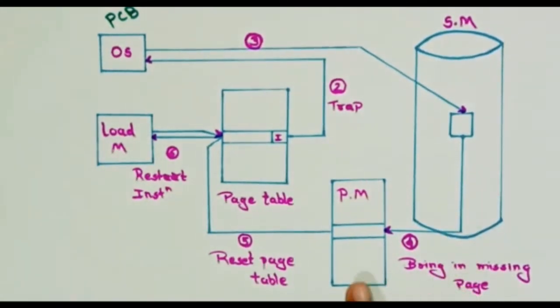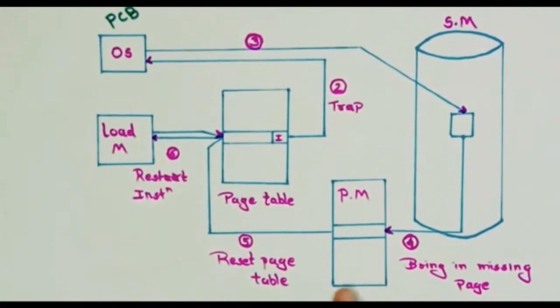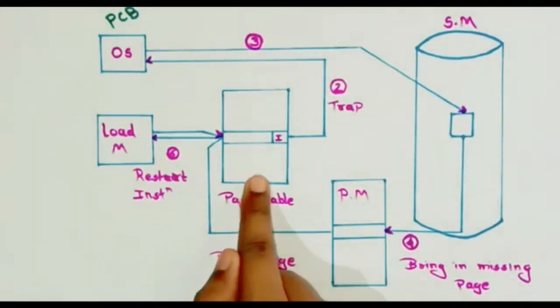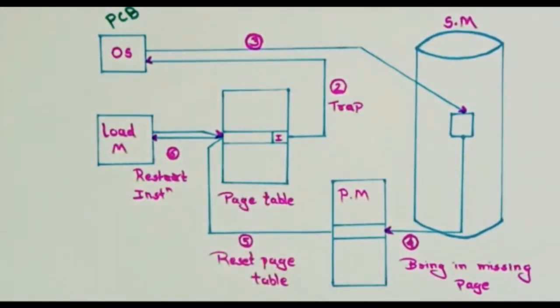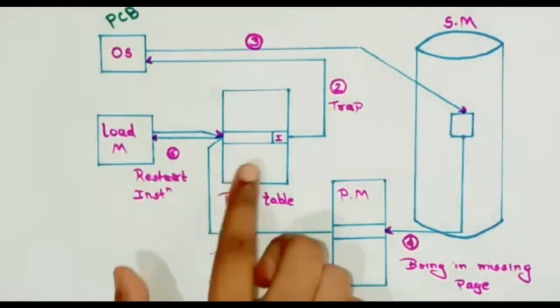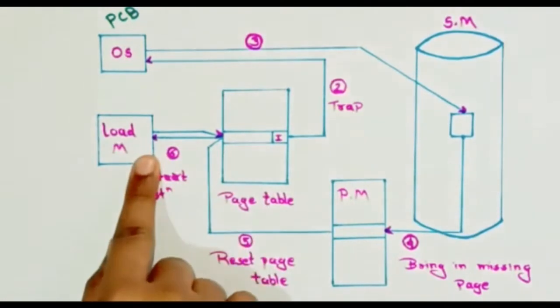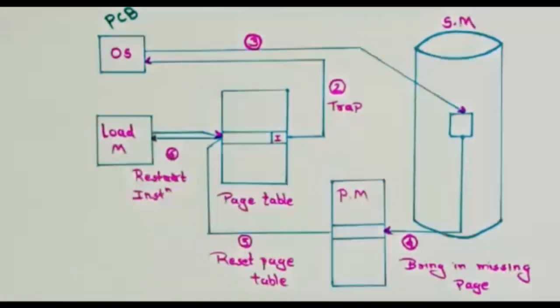After that, it sends these free frames to the page table, because it has to reset the page table. When we reset the page table, only then will the CPU understand that the free frame contains the demanded page. After the page table is reset, it sends a signal back to restart the instruction.